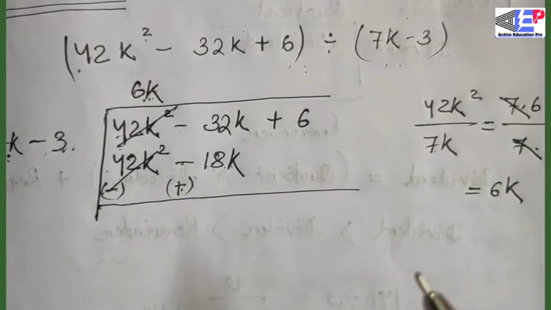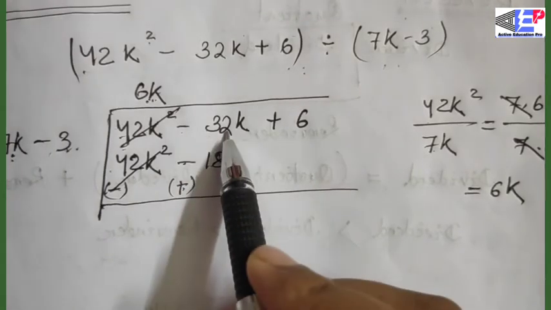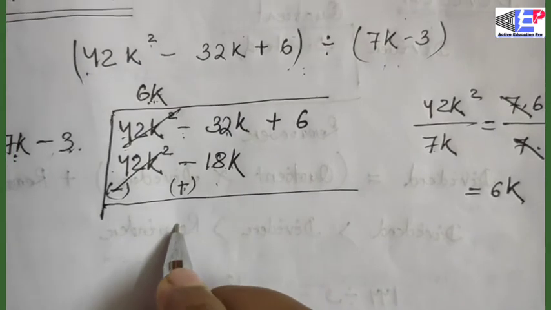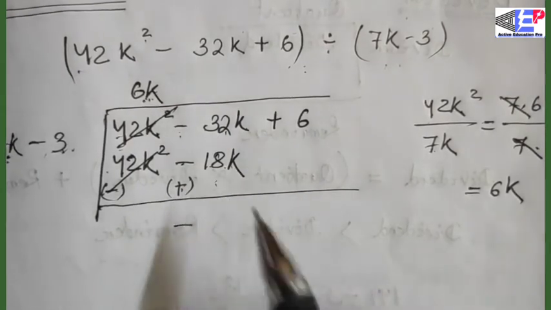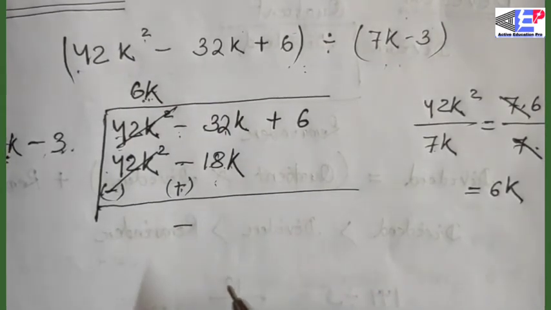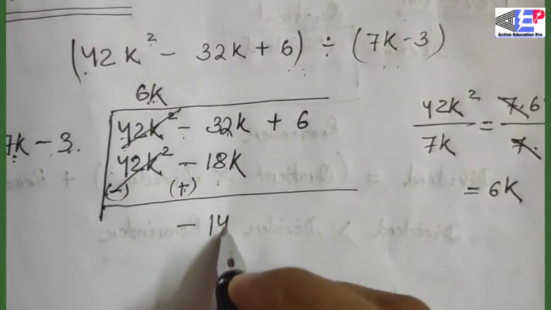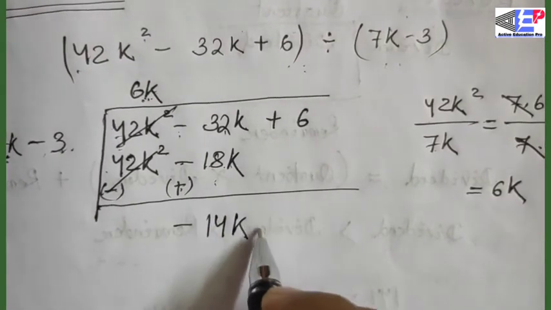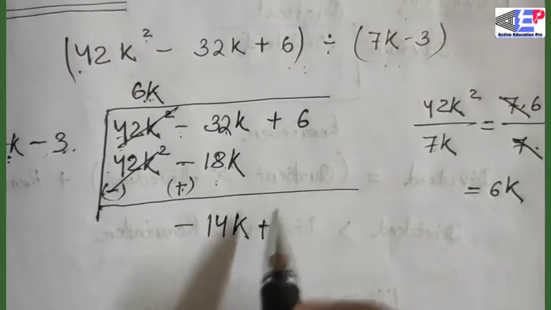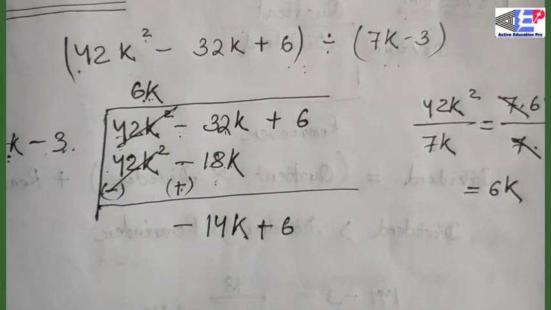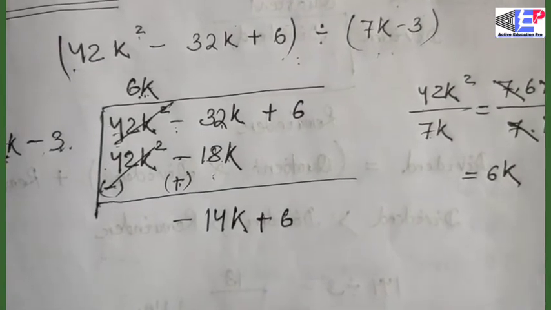First select which is the greater numeric. 32 is greater than 18 and the sign of 32 is negative, so put the negative mark, and then subtract the numerics. 32 minus 18, the result will be 14k, and similarly the remaining term will come down, minus 14k plus 6.